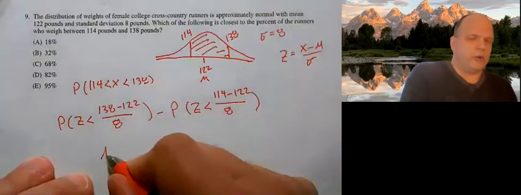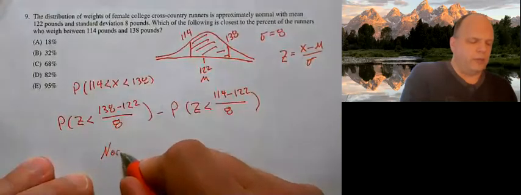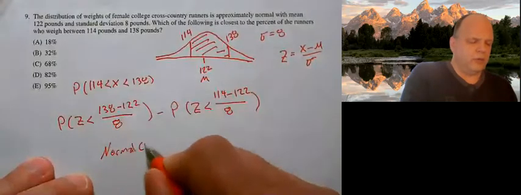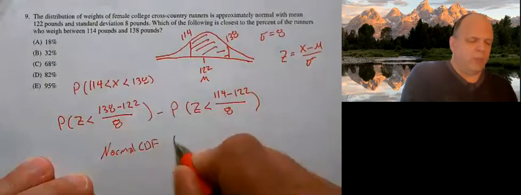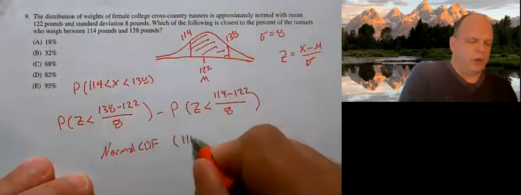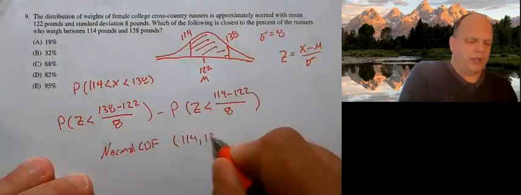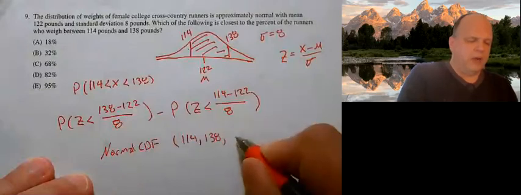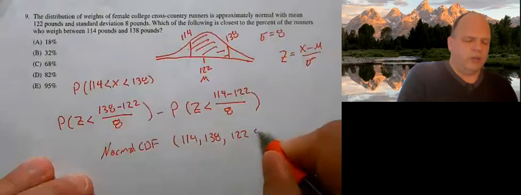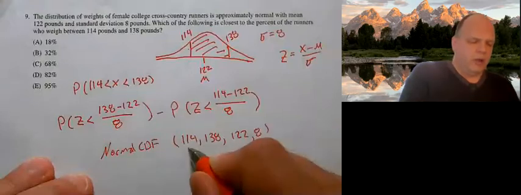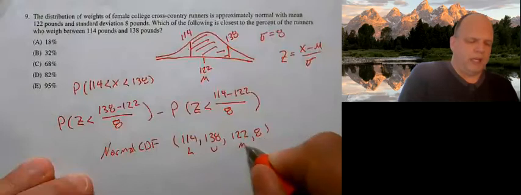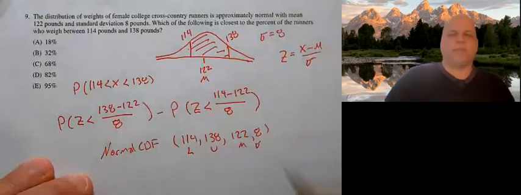For our calculator, we're just going to do a normal CDF. Our lower bound is 114. Our upper bound is 138. Our mean happens to be 122. And our standard deviation is 8. Lower, upper, mean, standard deviation.